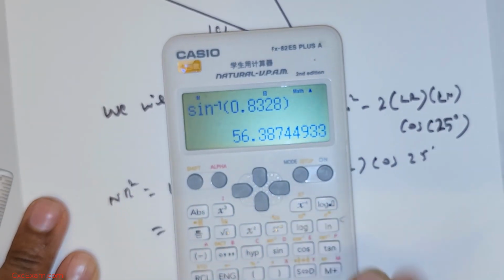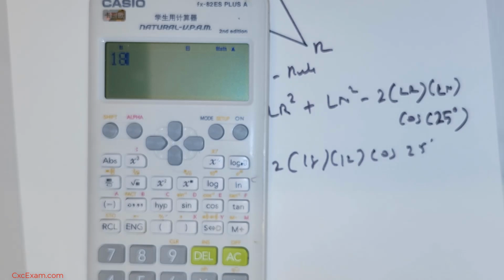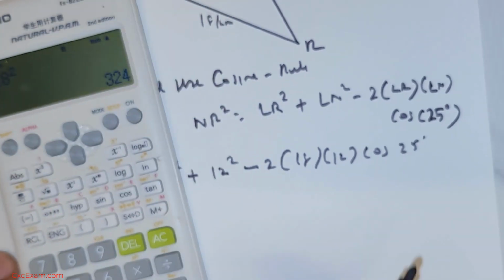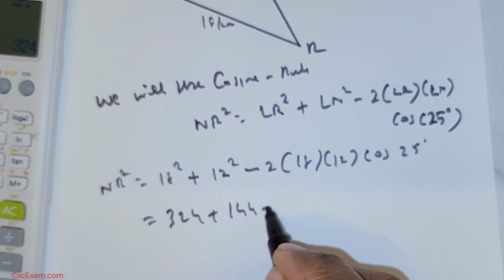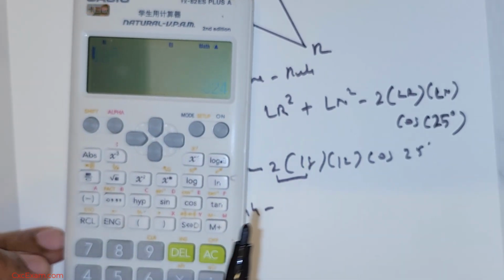Now 18 squared, that's 324, and 12 squared is 144. 2 times 18 is 36.